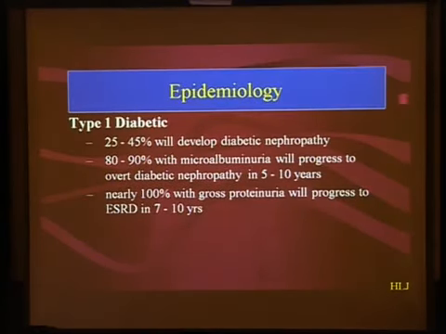Also, regarding the epidemiology, in type 1 diabetes, 25 to 45% will develop diabetic nephropathy. And 80 to 90% of those with microalbuminuria progress to overt diabetic nephropathy, 80 to 90% of type 1. And also 100% of patients with microalbuminuria will develop end-stage renal disease within 7 to 10 years. So the incidence of nephropathy in type 1 diabetes is very high, and this is a matter of duration.